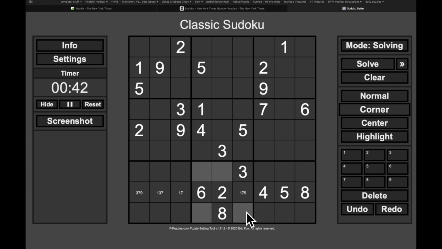Okay, the rest of box 8, I cannot have 2, 3, 6, or 8. Okay, these are not 1, 4, or 5. That's a 7-9 pair in this box. That means none of the other cells in box 8, or column 4 for that matter, can be 7 or 9. So, this is not 7 or 9.